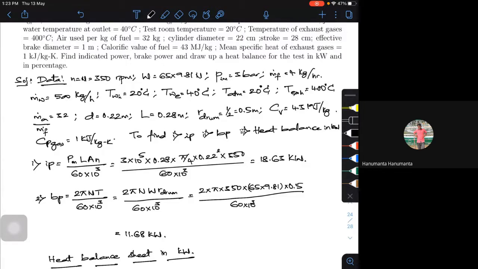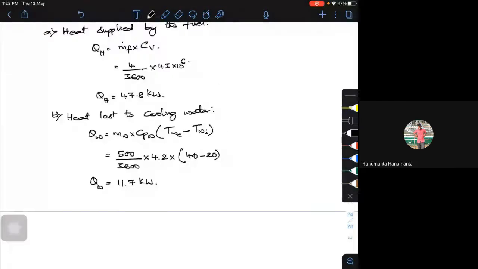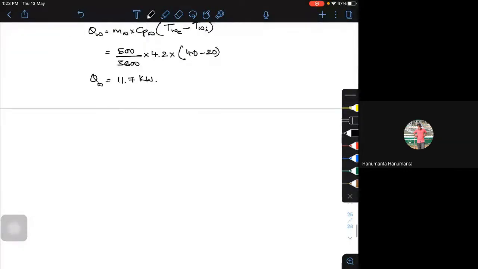Next one is heat lost due to exhaust gases. That is Qg, which is equal to mass of gases into Cp of gas into T exhaust minus T atmosphere.